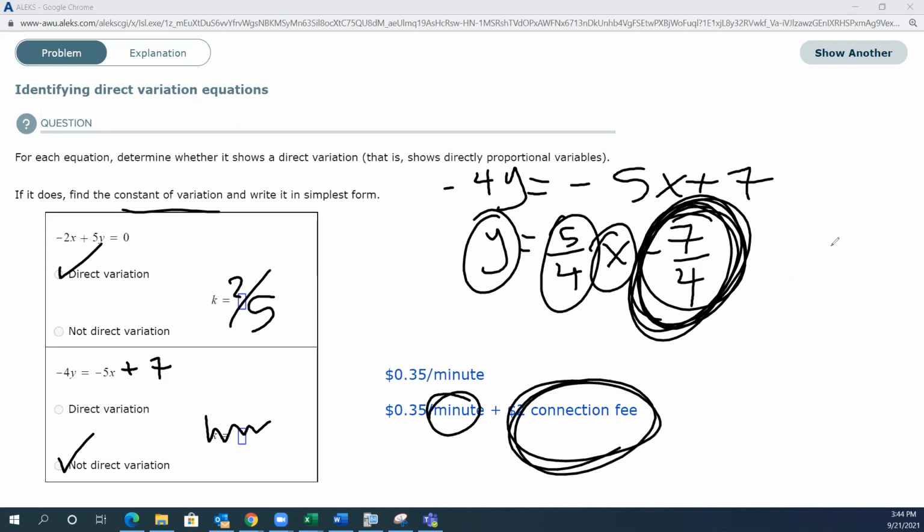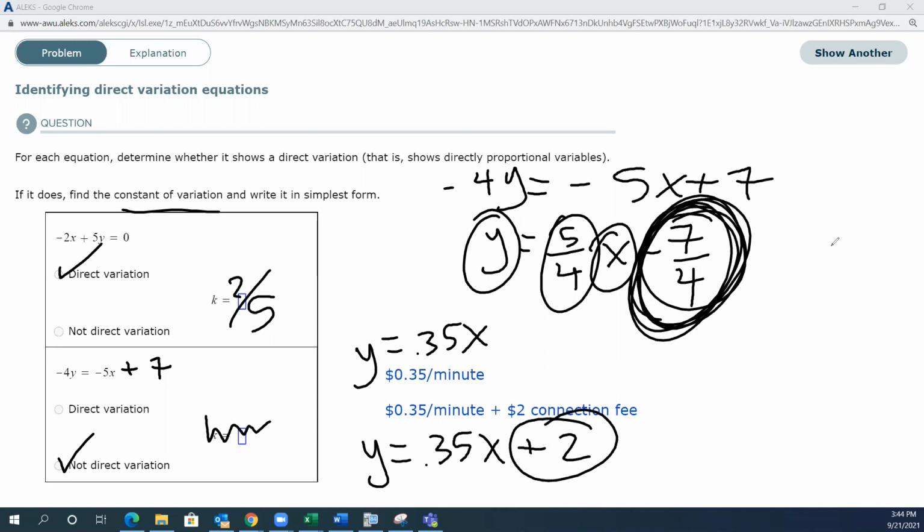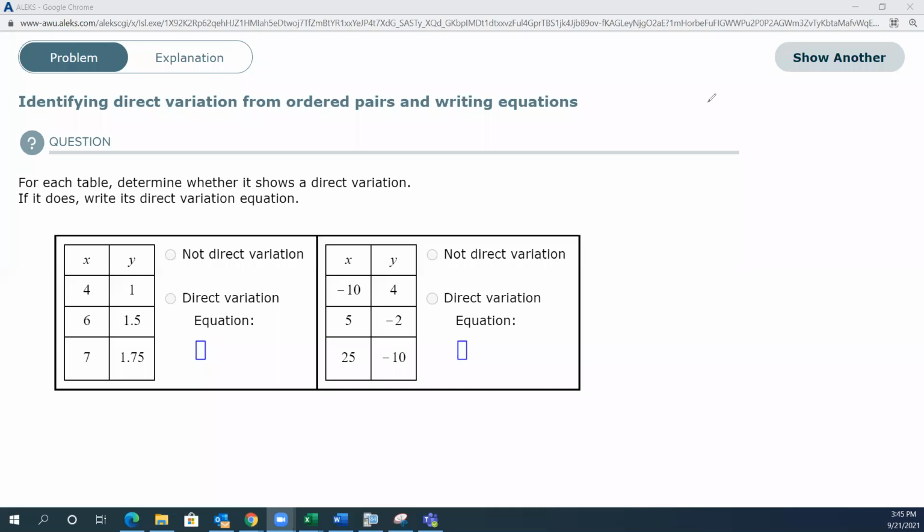There's this extra pesky guy over here. If we write these as regular equations, the first one would be y equals 0.35x, and the second would be y equals 0.35x plus 2. And so you have a non-zero y-intercept that's helping to determine what your y value will be. So that's what's going on.